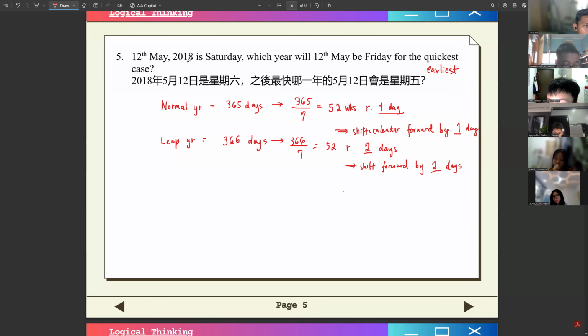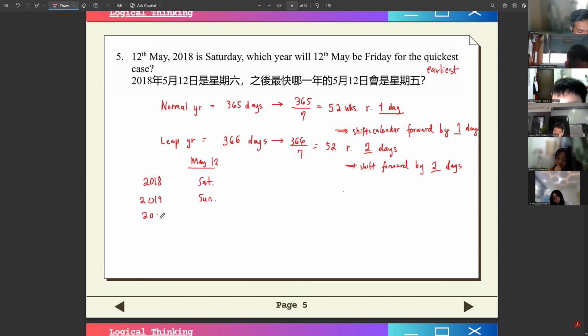So what's the closest leap year that we can think of? I think it's 2020, right? Because it's divisible by 4. So if 2018, the 12th of May is a Saturday, then by 2019, it will shift the calendar forward by 1 day. So the May 12 becomes a Sunday.